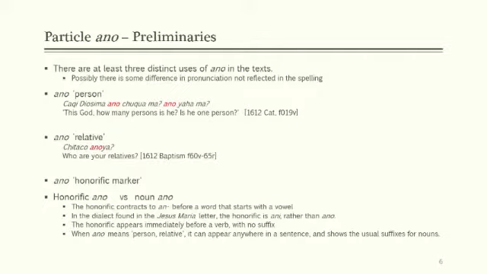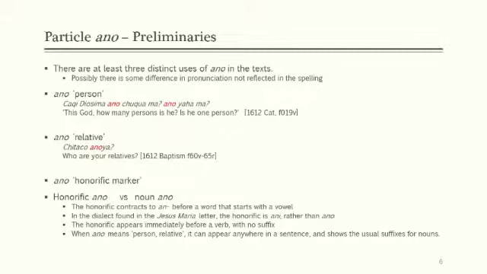Is he one person? Person in that religious sense, like a person of the Trinity, is ano. Ano can also mean relative, as in chitako anoya, who are your relatives? But the third sense is the one that I want to talk about today, the honorific particle. We can tell a little bit of difference between the honorific ano and the noun senses. The honorific shortens to just an before a word that starts with a vowel.